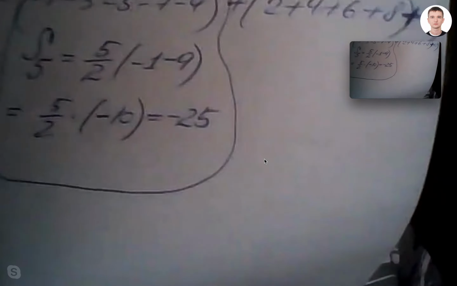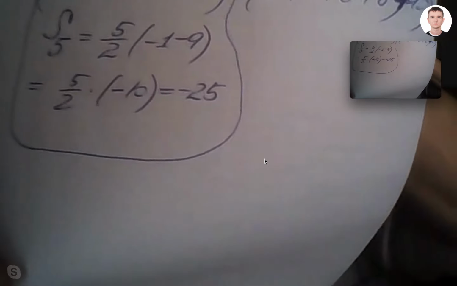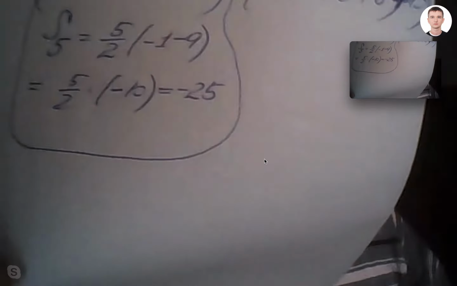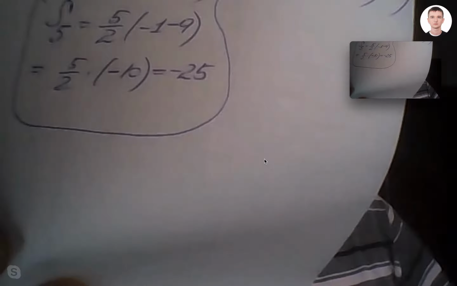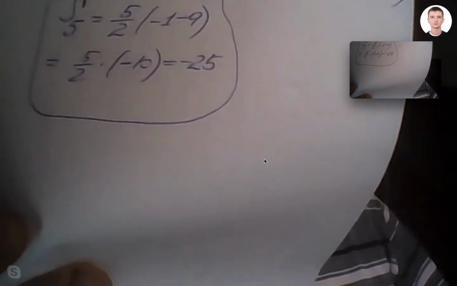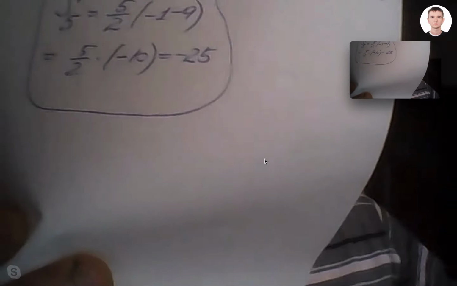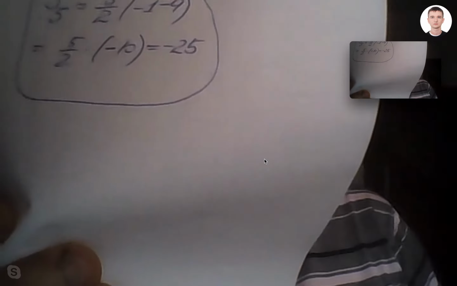So here is the sum of the sequence in the first brackets. We apply the formula that Sn is equal to n, the same formula.